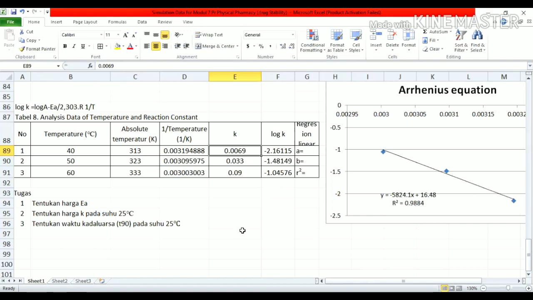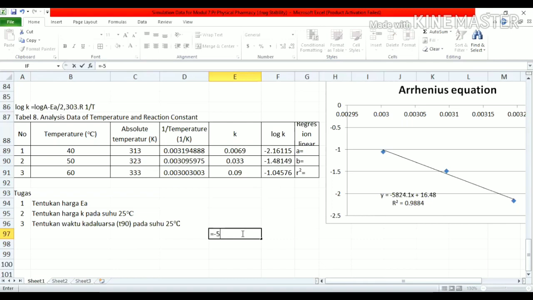So this is the number of log K at 25 degrees Celsius. To know the number of K, you can anti-log this number, and then you put the K of 25 degrees Celsius, and then you can use this K to calculate the T90, and also you can calculate the Ea.